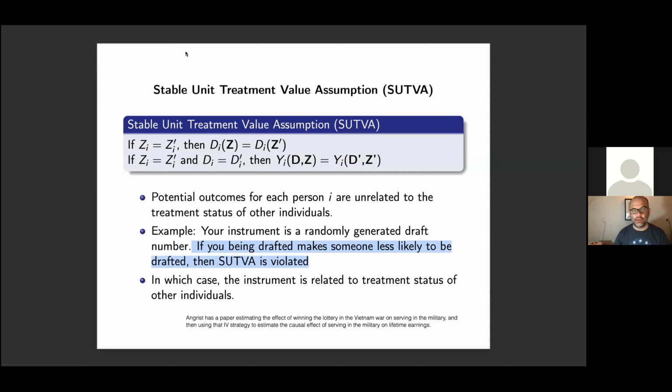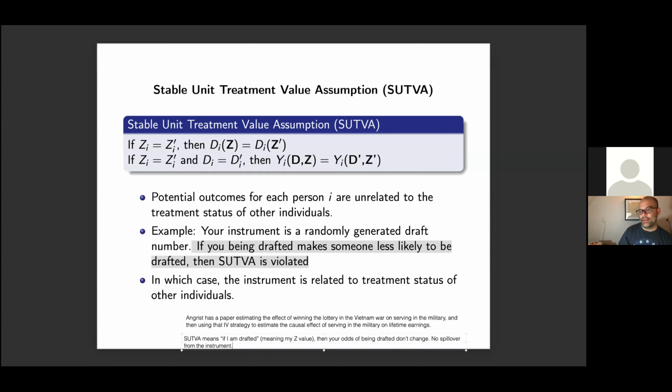Right, so SUTVA means if I am drafted, meaning my Z value, then your odds of being drafted don't change. Okay. So that's all that SUTVA means. This is no spillover from the instrument.